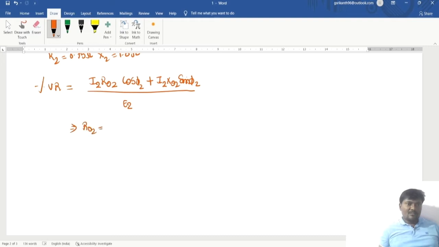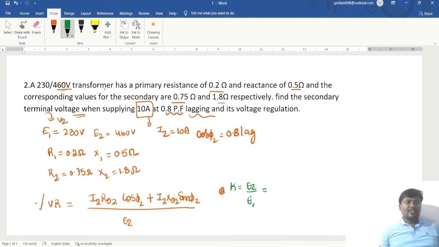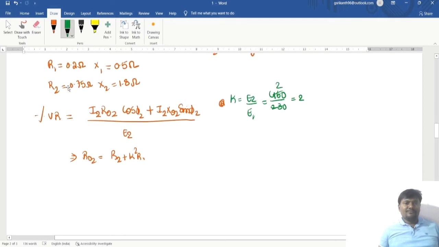The R02 is equal to R2 plus K square times R1, and from this we can calculate the transformation ratio where K is equal to E2 by E1, and 230 by 460 means it is a step-up transformer. 460 by 230, the K value is now 2.